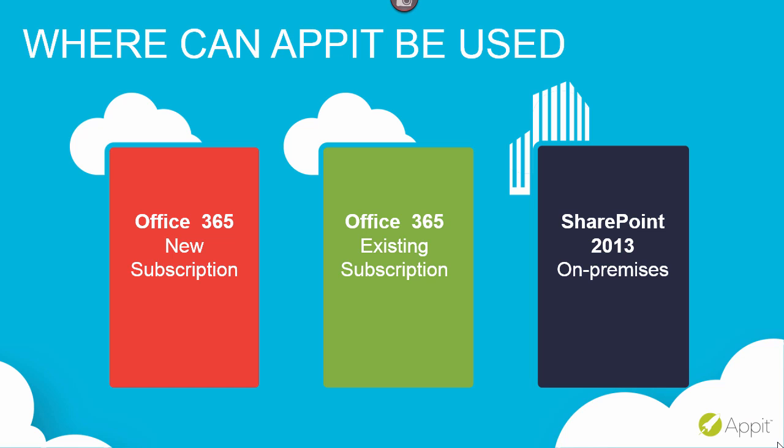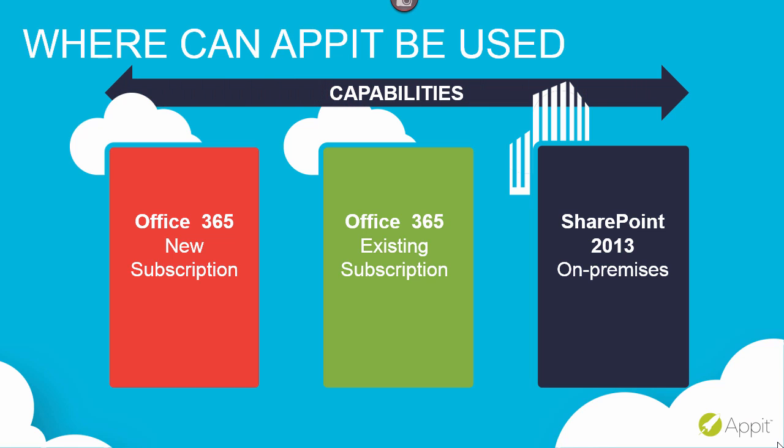And the nice thing about Appit is that the capabilities that you get in terms of building workflows, building forms, integrating those line of business systems are going to be the same across any of those environments.